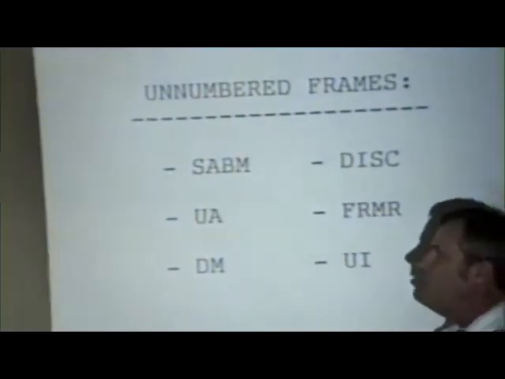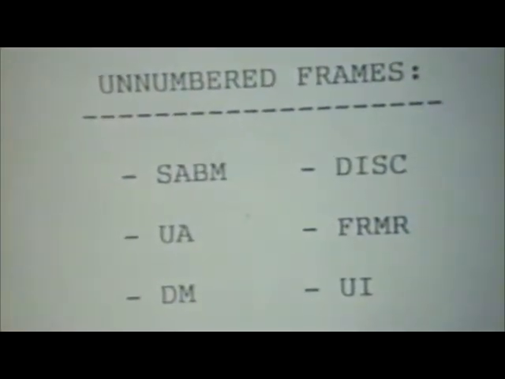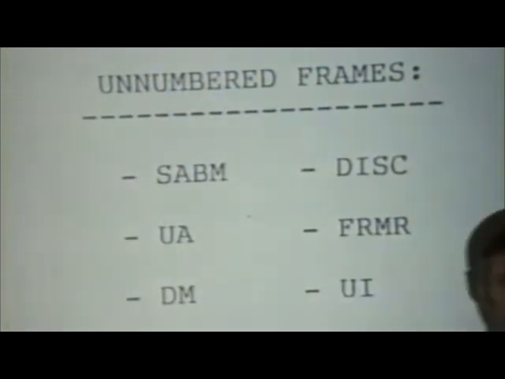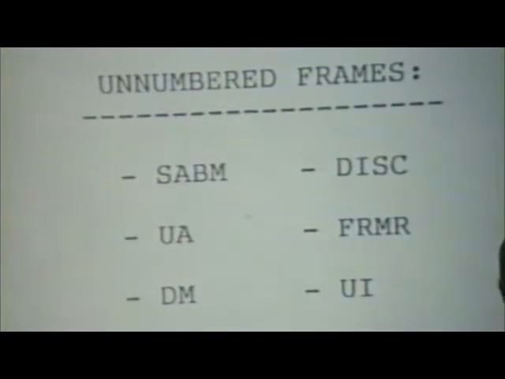The first unnumbered frame is called a SABM, set asynchronous balanced mode. Don't worry about that. When I say connect to W6ABC, my TNC sends out a SABM. It's a connect request. If W6ABC is there and he wants to accept a connect, he sends out a UA, unnumbered acknowledgement, that says, I acknowledge you, I'm ready.